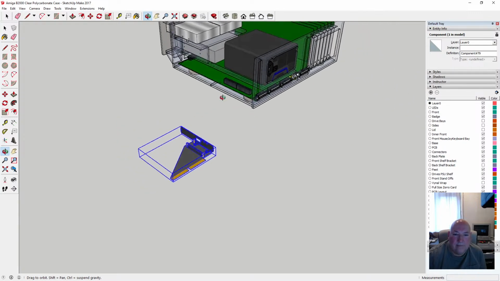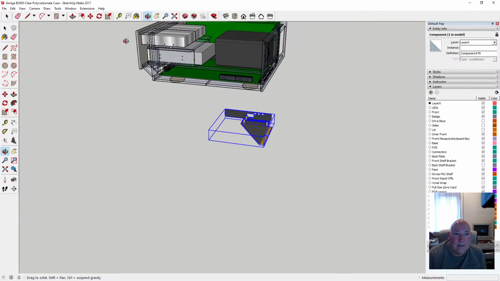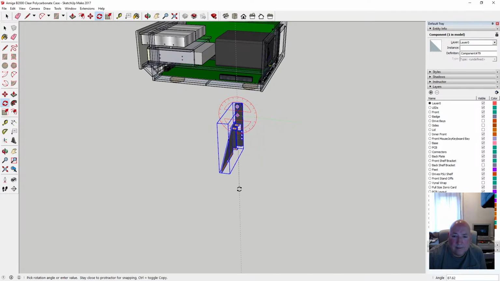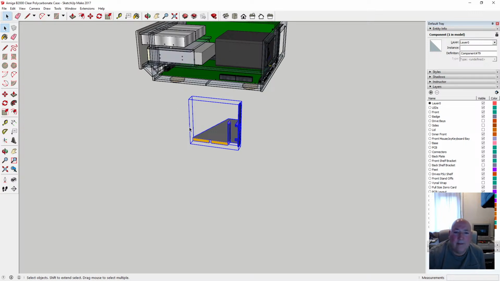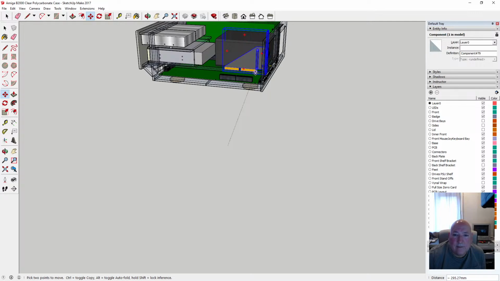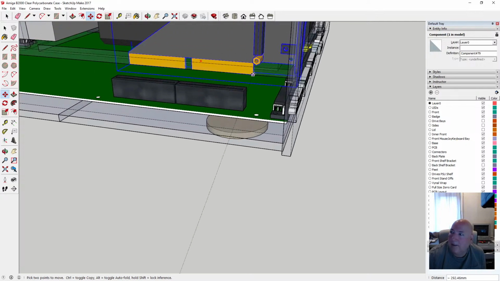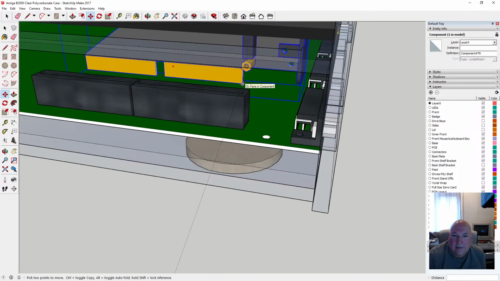We'll rotate it upright. Right, and then we've got to rotate it. Flip it round. And then put it in the slot. Put it in the slot.